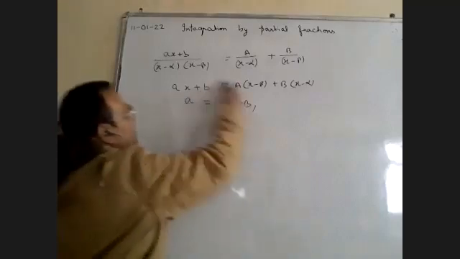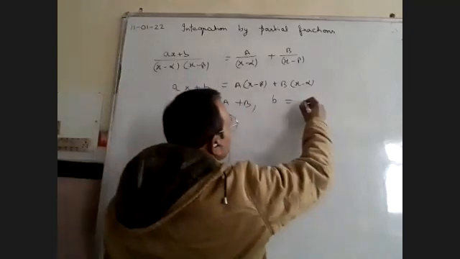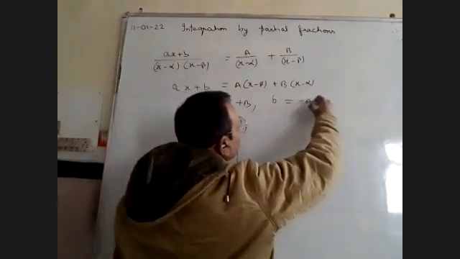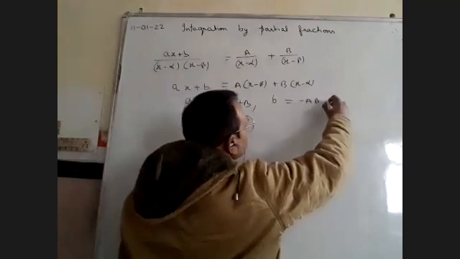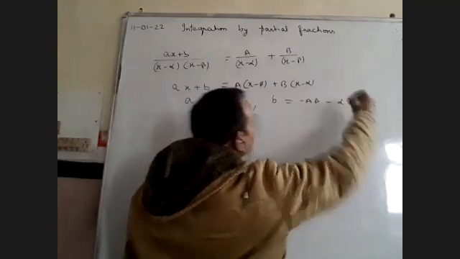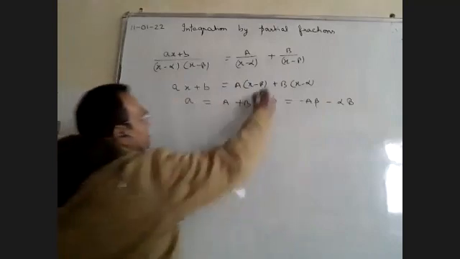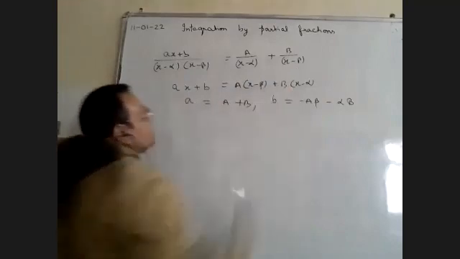The constant term on the left hand side is b, and here we have minus A beta minus B alpha.